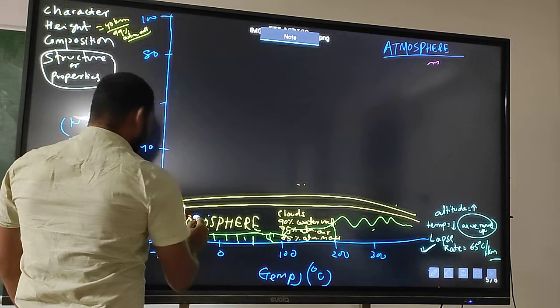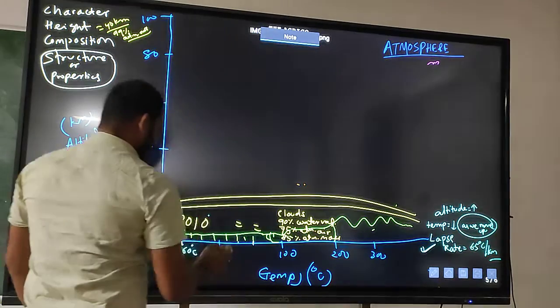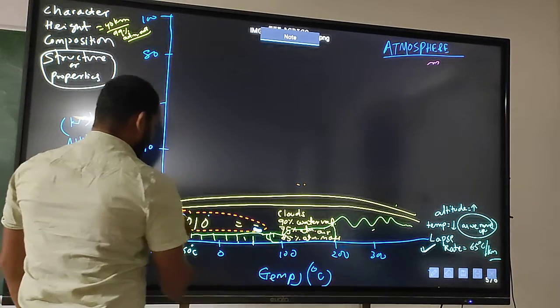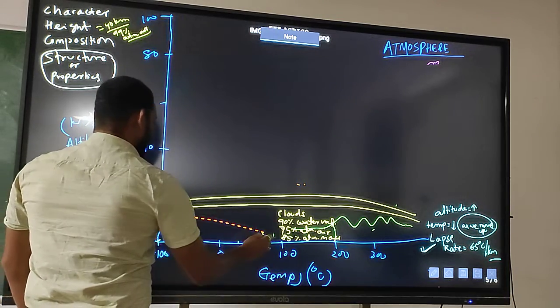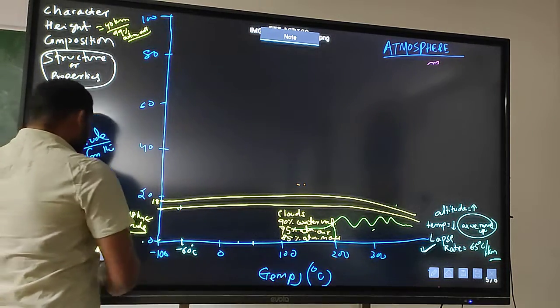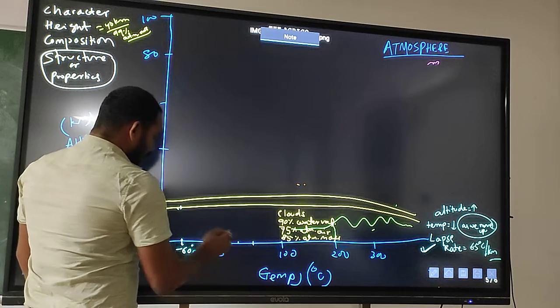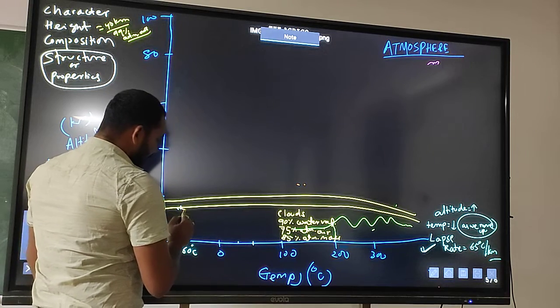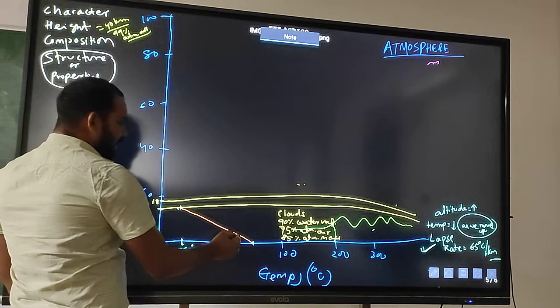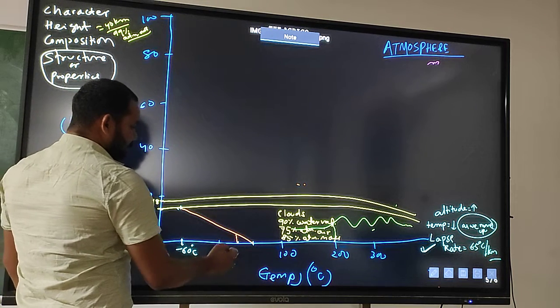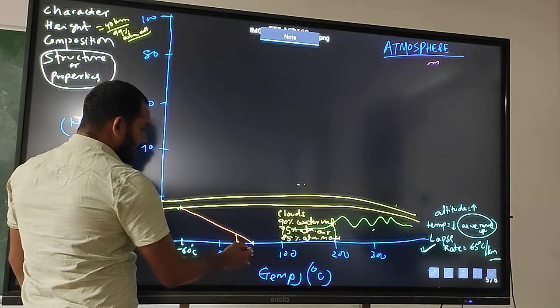Okay. So let us remove these things. I have already told you what will happen. As we move upward, the temperature will decrease. So here the temperature is 50 degrees centigrade.